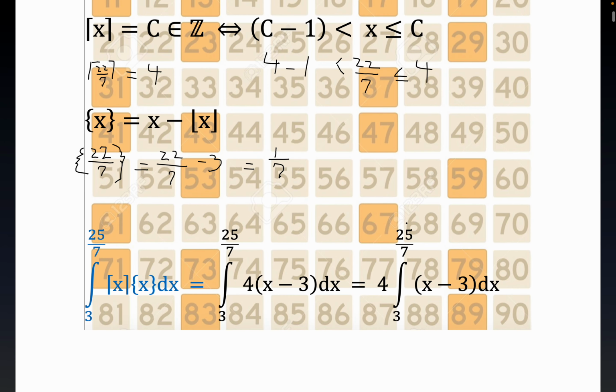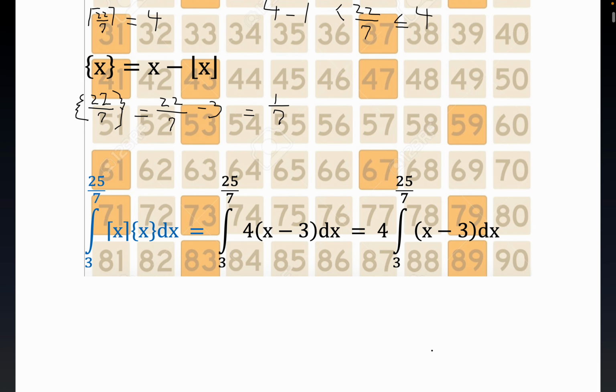Now the rest of this is just integration. You can take the constant outside of the integration because the integration is just an infinite summation, and it's just the distributive property. So what will this give us? That would be 4 times the antiderivative of x minus 3 quantity squared, so 4 times x minus 3 quantity squared, and by the chain rule, over 2.